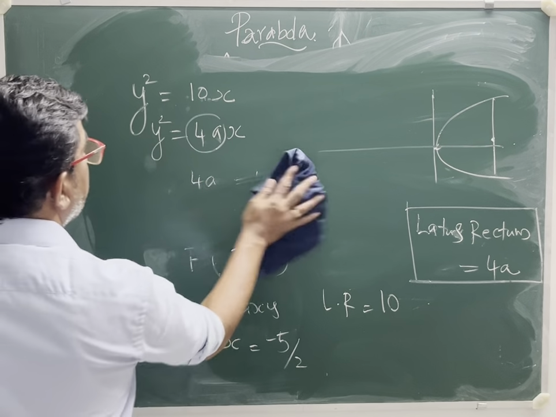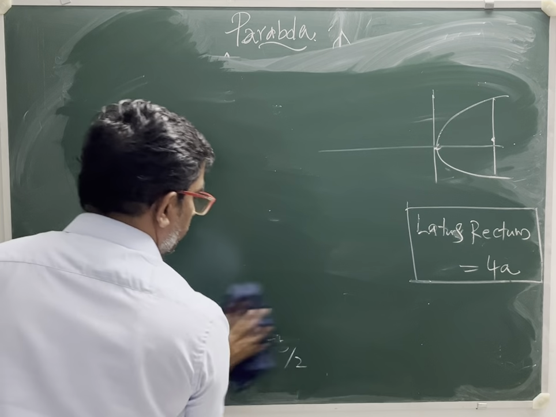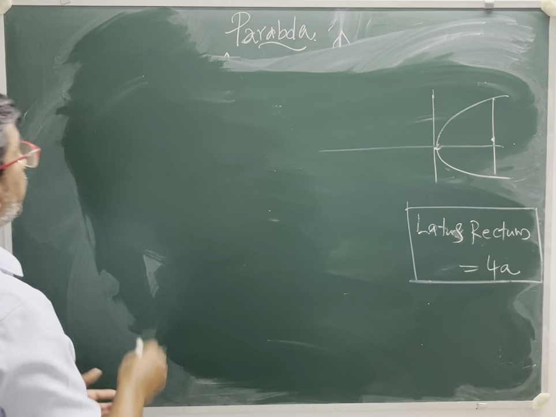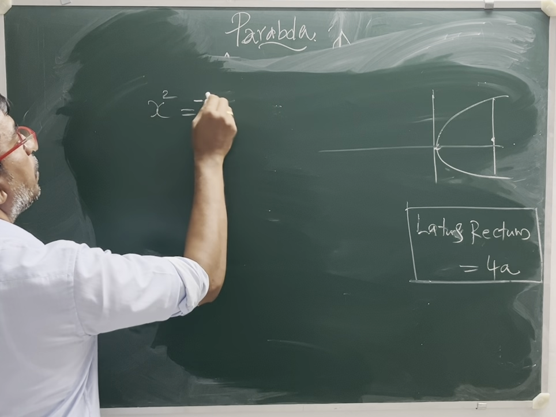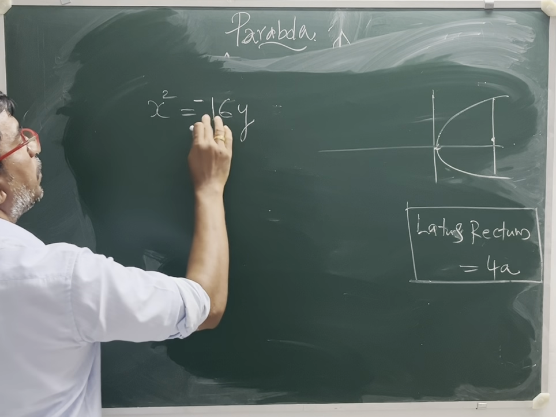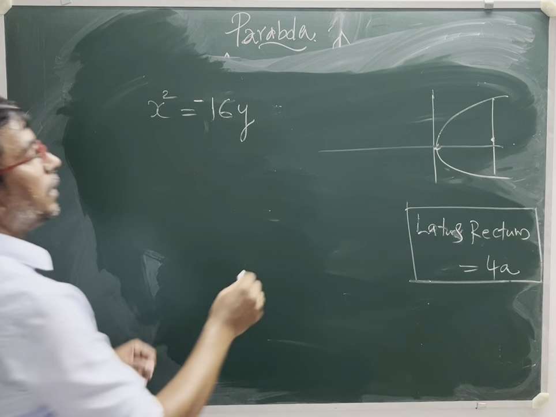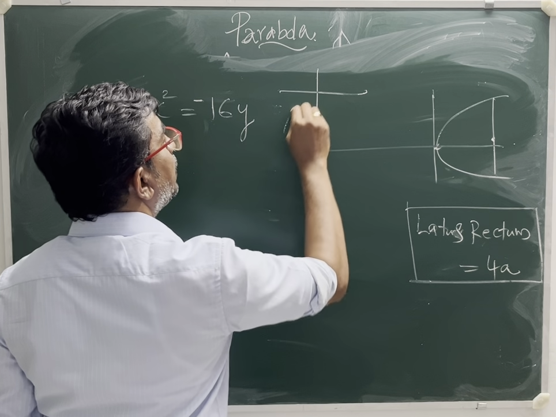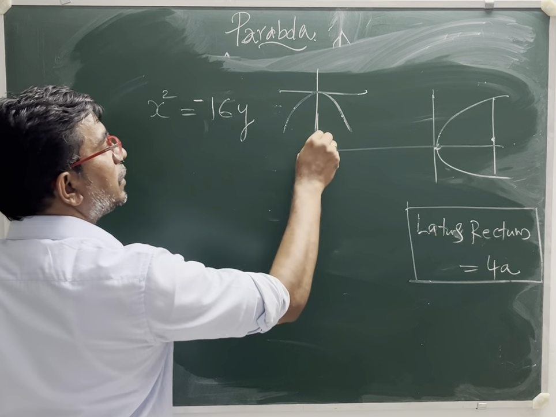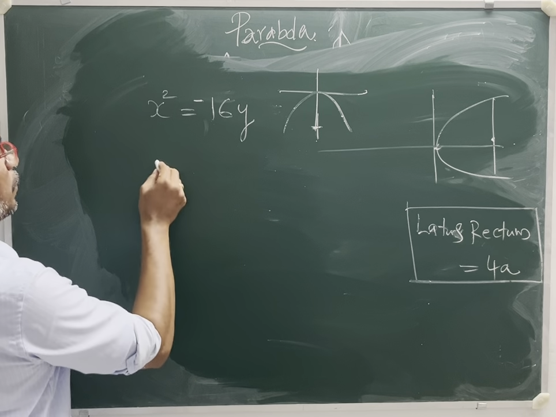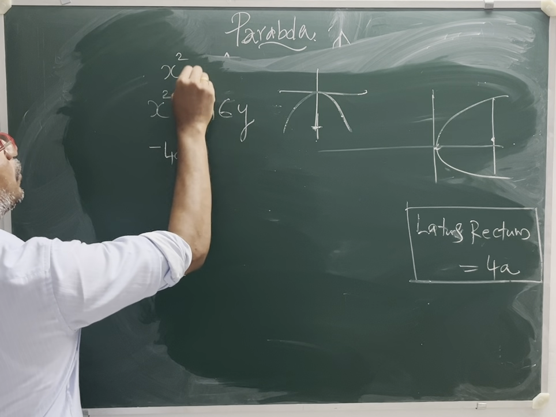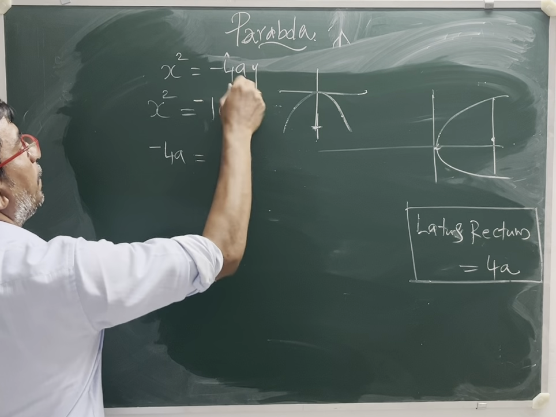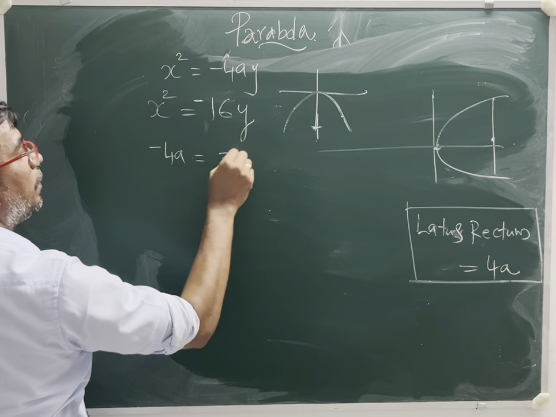Suppose x square is equal to -16y. You know, this is this type of parabola. So your focus will be coming here. We will say x square is equal to -4a y, so -4a is equal to -16.